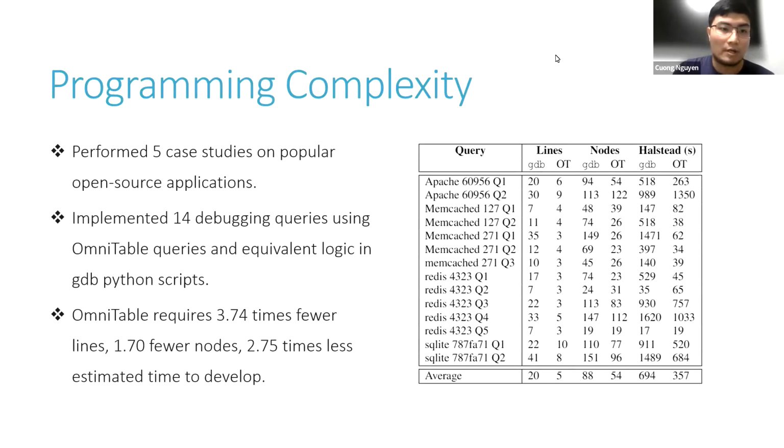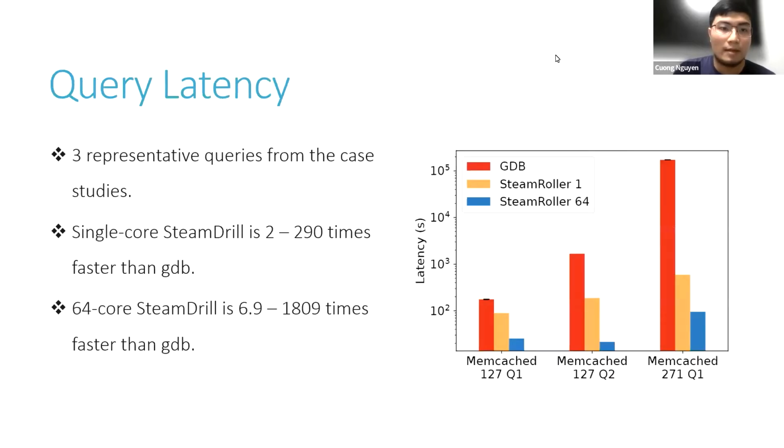And on average, OmniTable requires 3.7 times fewer lines of code, 1.7 times fewer nodes, and 2.7 times less estimated time to develop.